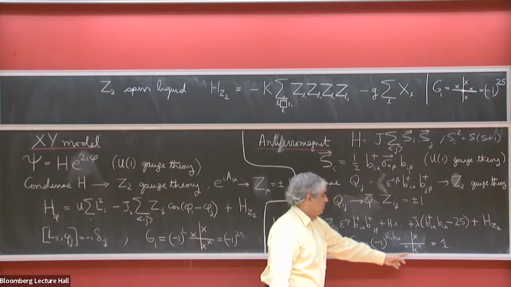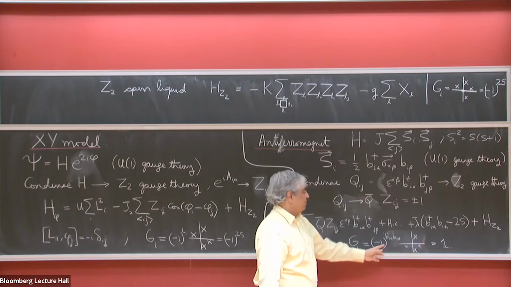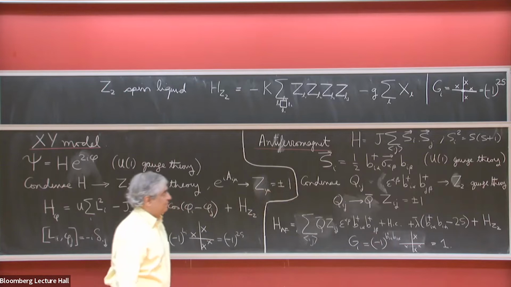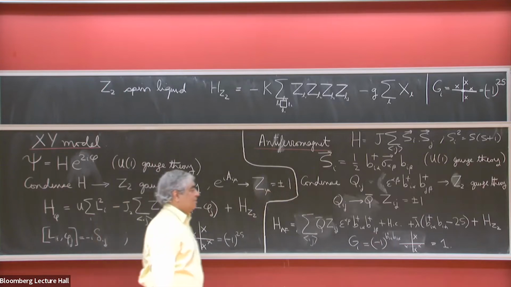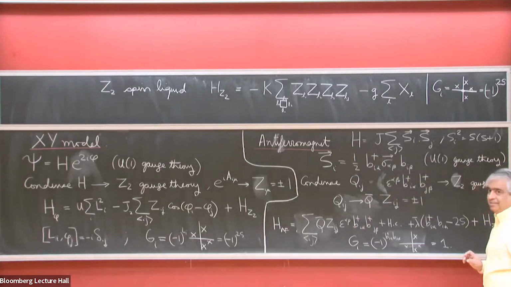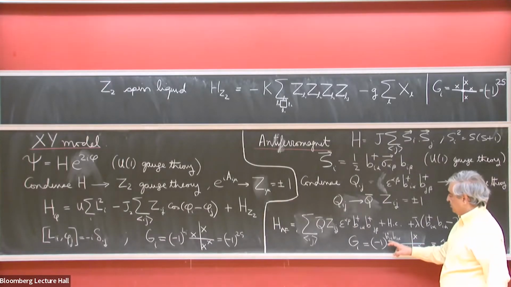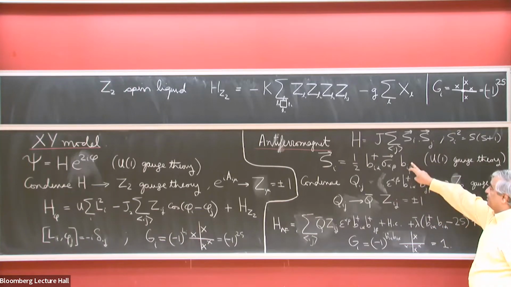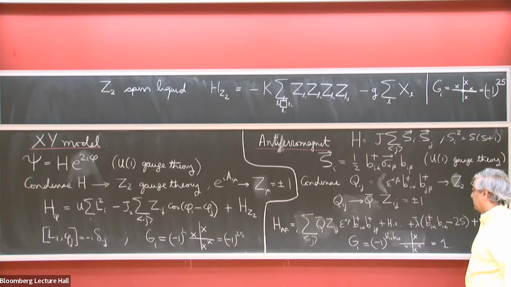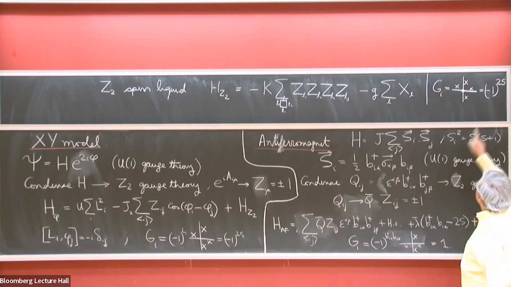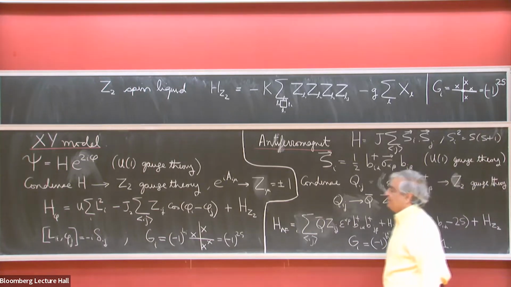Again, it's the same X operator times (-1) to the number of bosons. And now you see where this (-1)^2s comes from. So if you want to go to a theory where we forget about the boson fluctuations, we should, of course, do it where we impose the constraint that B dagger B is 2s. That was the constraint that required this thing to transform as the spin S. And so the G_i becomes not 1, but (-1)^2s.